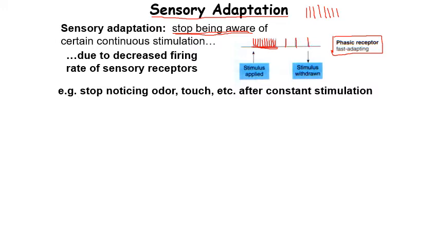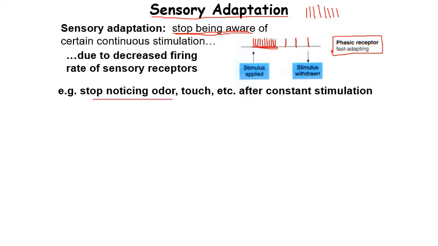And you see the frequency becomes much slower. Lots more time in between the action potentials. And your brain interprets, hey, no more pressure there, because of this decreased firing rate. That's what happens in phasic receptors.